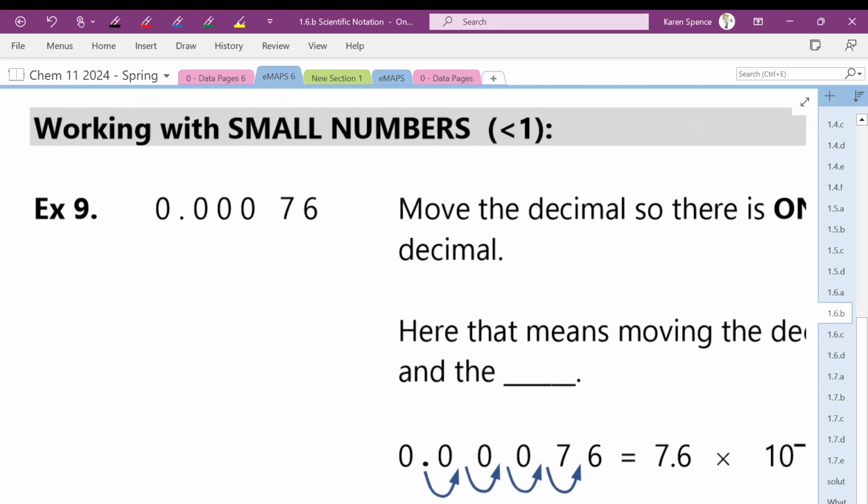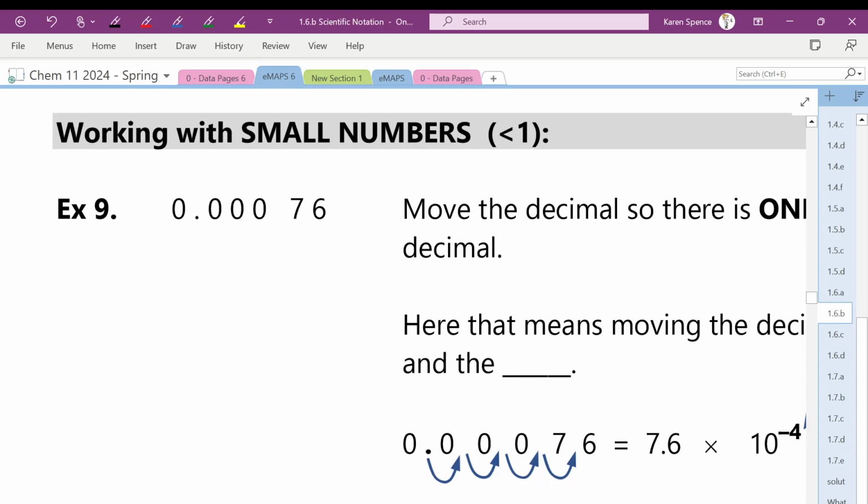Working with small numbers. Ooh, look at this now. First of all, let's start by looking at how many sig figs are in this number. 2 sig figs. So we're going to be working with 2 sig figs at the end. We're going to move our decimal 1, 2, 3, 4 places to the right.